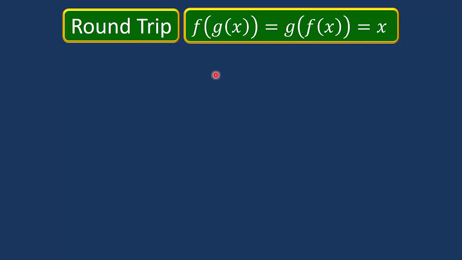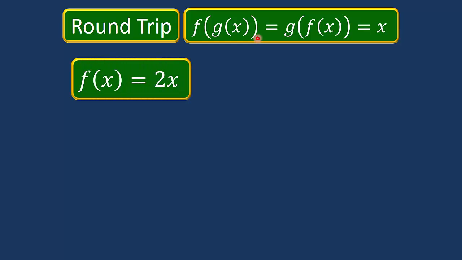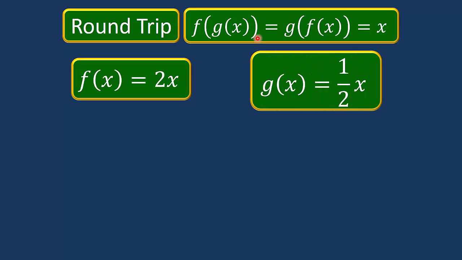Now, here's another property that inverses will have. If you have f of g of x equals g of f of x, and both of those things equal x, then f and g are inverses of each other. That only happens if the two functions are inverses of each other. So let's suppose we have f of x equals 2x and g of x equals 1/2 x. And we're wondering, are these inverses of each other?